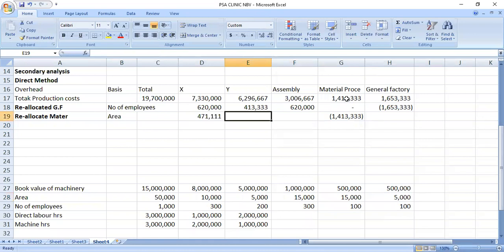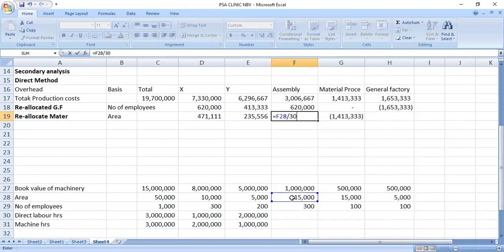Then the next one is X5 divided by total 30,000 times the sharing, 1.4. Then assembly is 15,000, right?